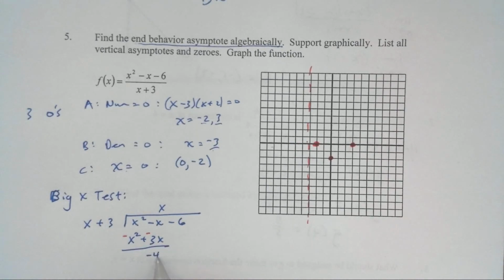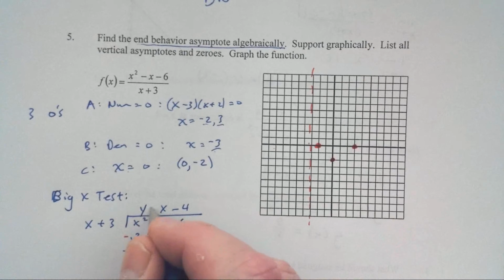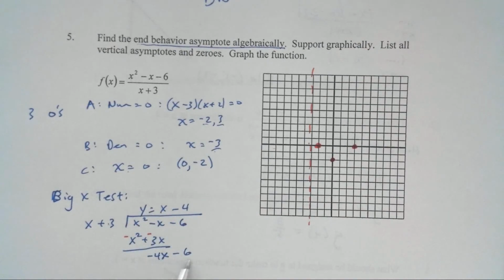So I get negative 4x minus 6. X plus 3 goes into negative 4x minus 4 times. And at that point, I am done. It does not divide out evenly, but the rest of this would just be residue.